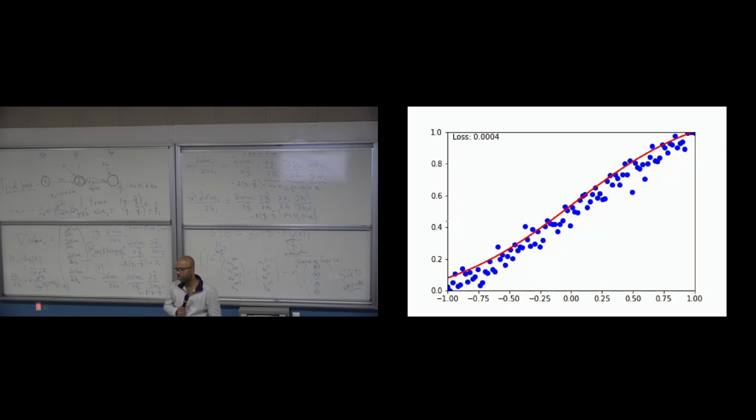Okay, now your job is to play with the code that I will upload and get a better feel for what's going on, and see if you're able to repeat this with a different activation function. Instead of the sigmoid activation function, try a different activation function. Try ReLU or Google different types of activation functions and see what difference you notice.